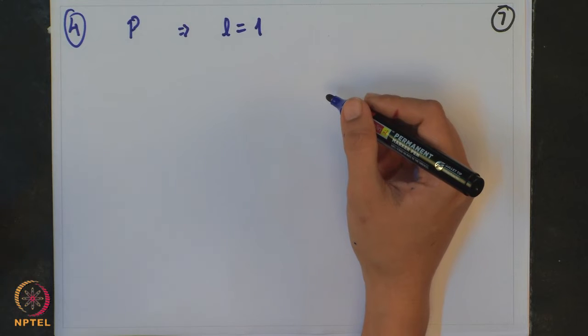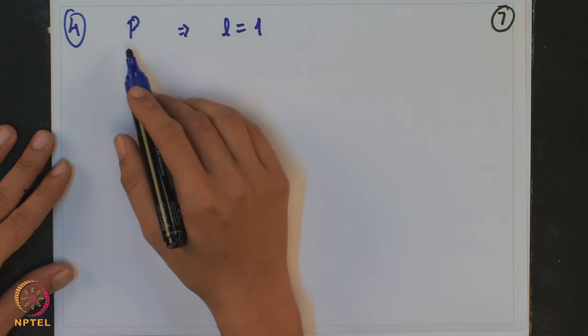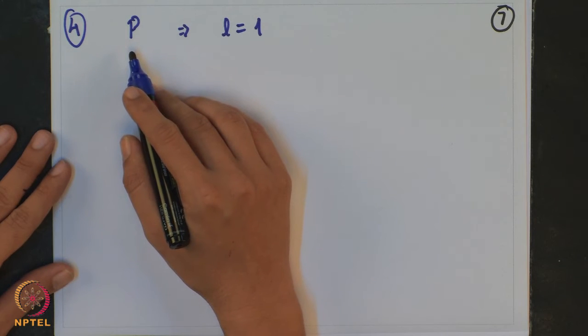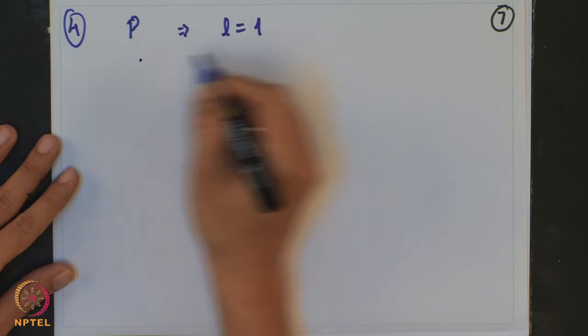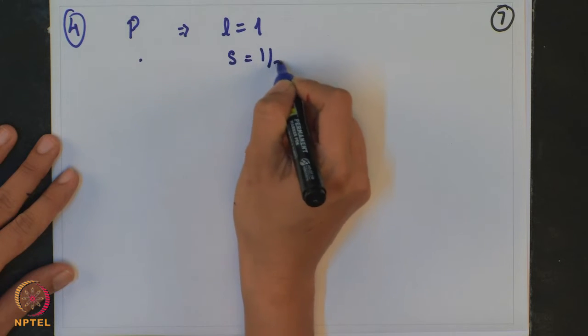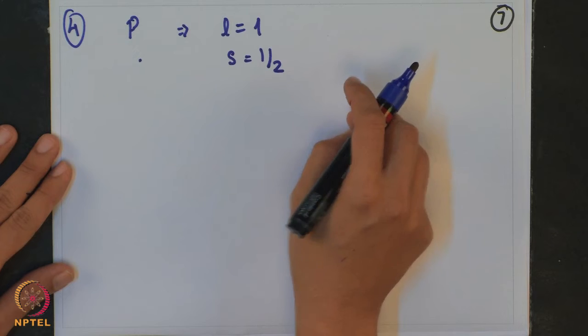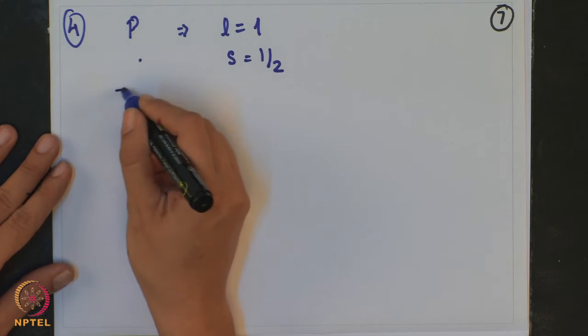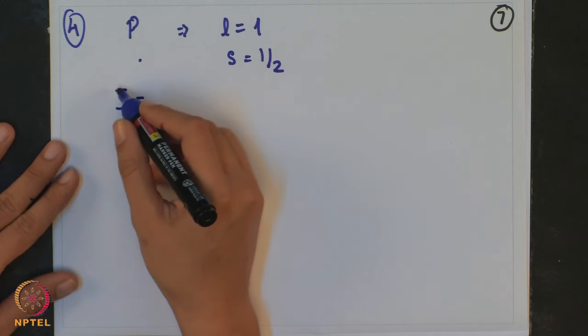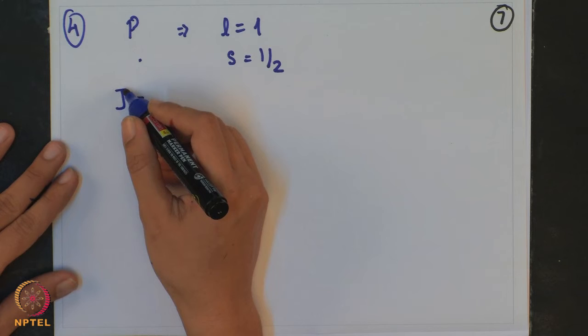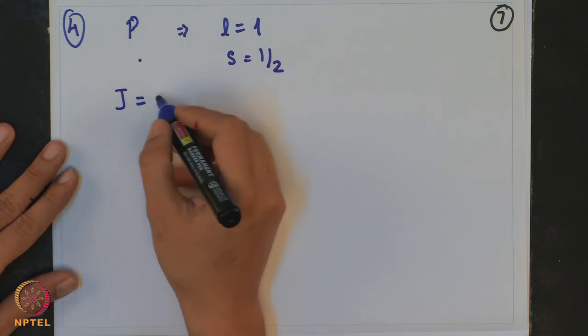For an s state we have seen L is equal to 0, p state L is equal to 1, and s is equal to half. When we are doing the addition of the angular momentum and spin, the orbital angular momentum plus spin will give me the total angular momentum.